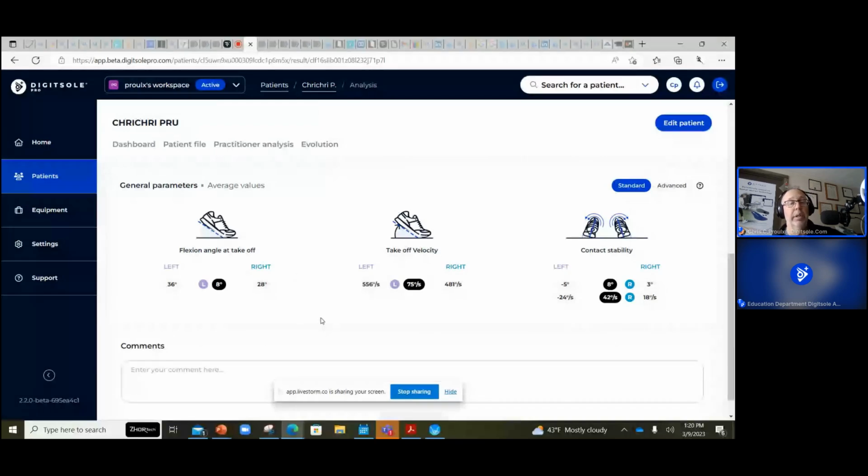One of the reasons that we may see something like this is that the takeoff velocity was actually higher on the left. And one would say, okay, well, why is that possible? It wouldn't make a whole lot of sense. Well, here's why. If we actually had them on a force platform, what we tend to see, even in this double leg takeoff, when there's this degree of asymmetry, is that the body is naturally saying, okay, that limb with the instability is not going to be as strong or as powerful, or the mind is also thinking it's either painful or could be painful if I don't do it right.